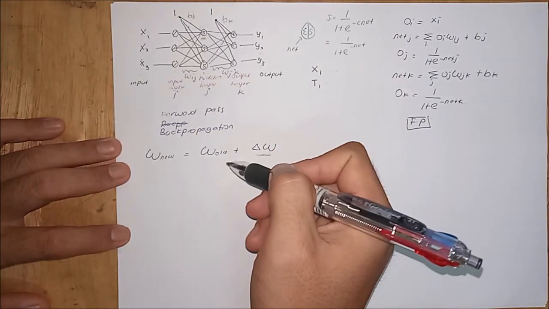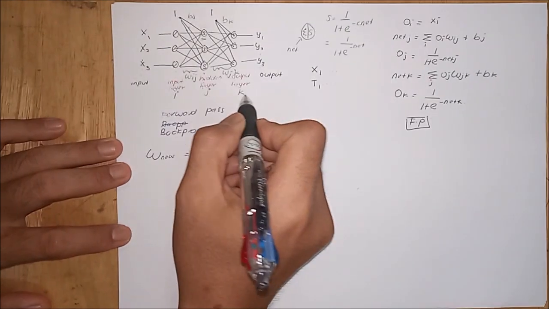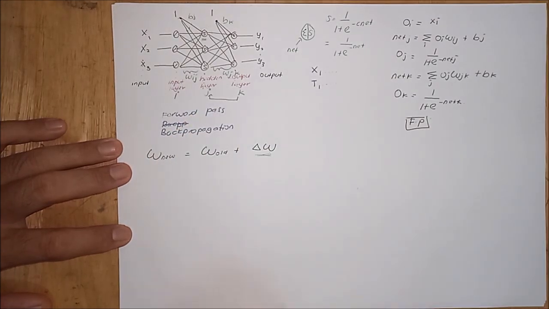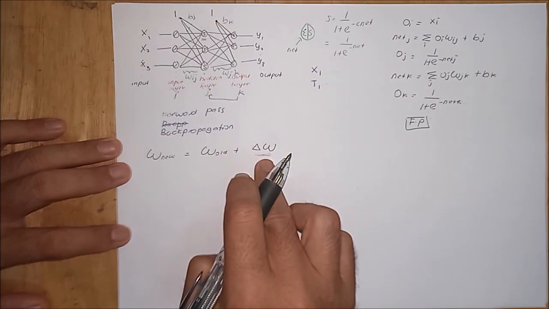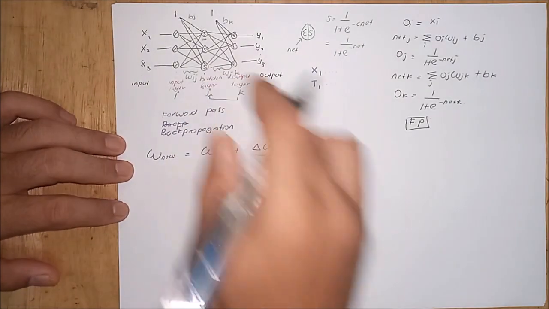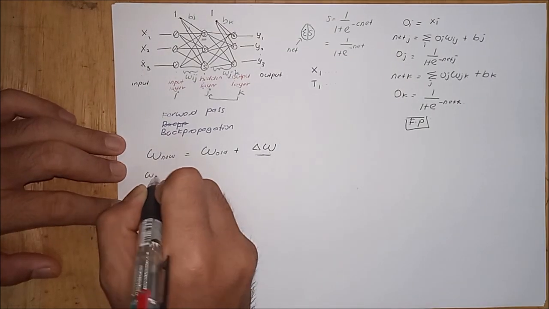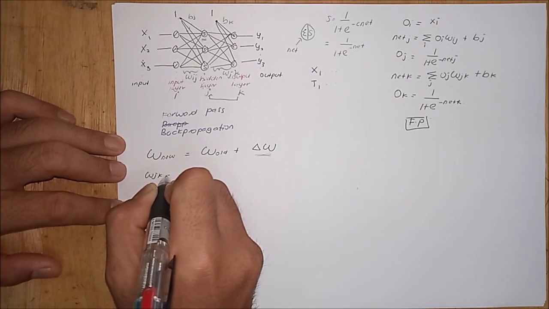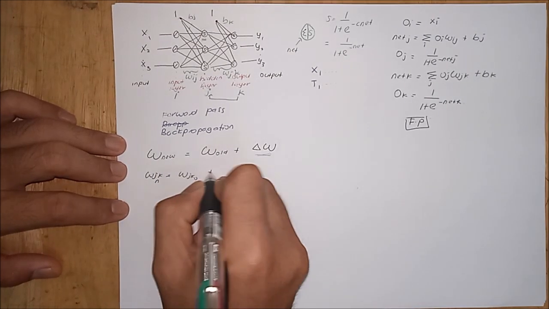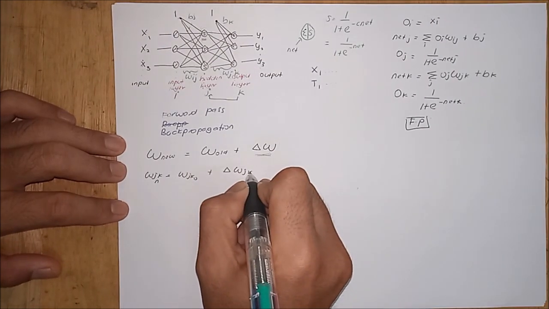I will start the first derivation of the backpropagation from the output layer until the hidden layer in order to determine delta WJK, so that we can calculate the new updated weight later on. So for this case, WJK new equals WJK old plus delta WJK.